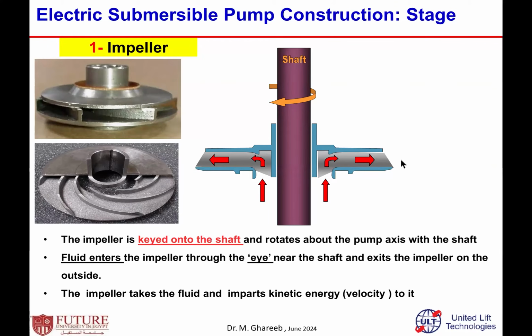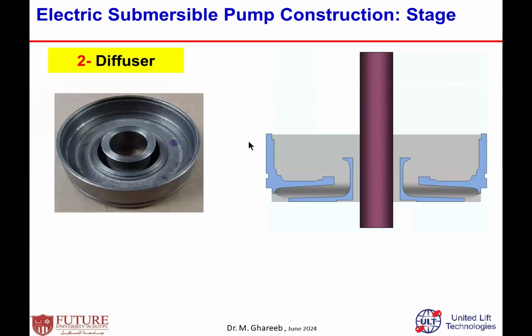The impeller imparts what we call kinetic energy, as velocity, to the fluid. The fluid goes out of the impeller with a certain kinetic energy, and then this velocity is transferred to head.